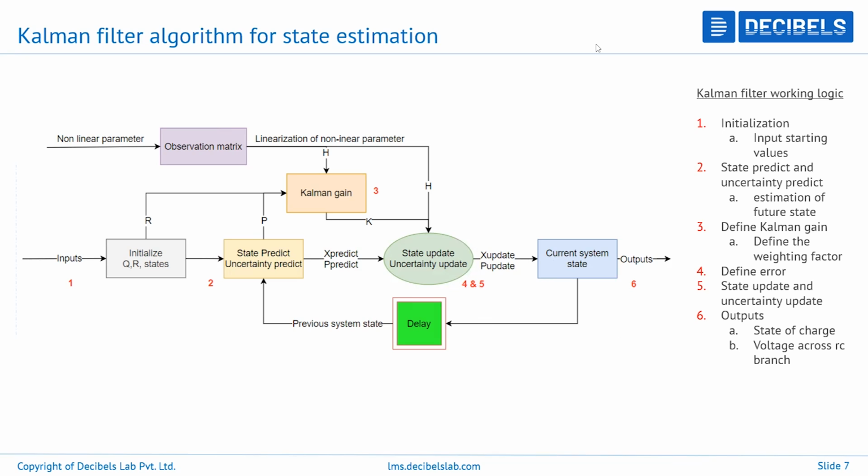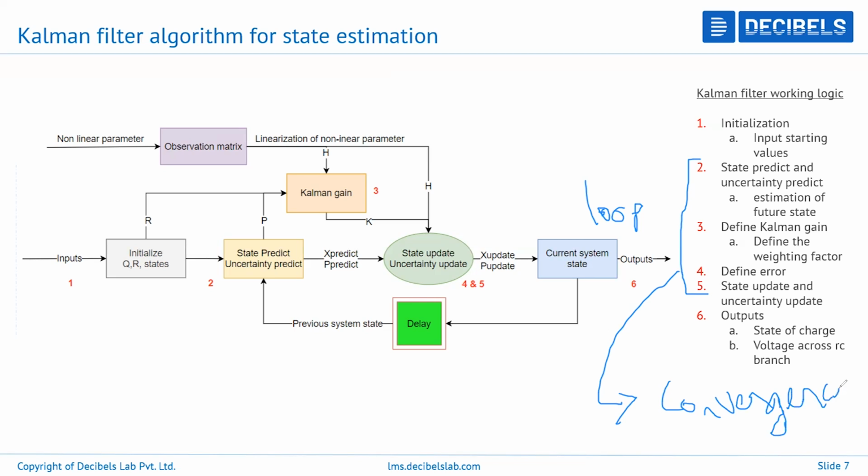This entire loop, starting from step number 2 all the way till step 5, will be run in a continuous loop. It will go on till such time there is convergence. There will be a certain point where the estimated value from the Kalman filter will converge with the true value, or you can say the measured value.